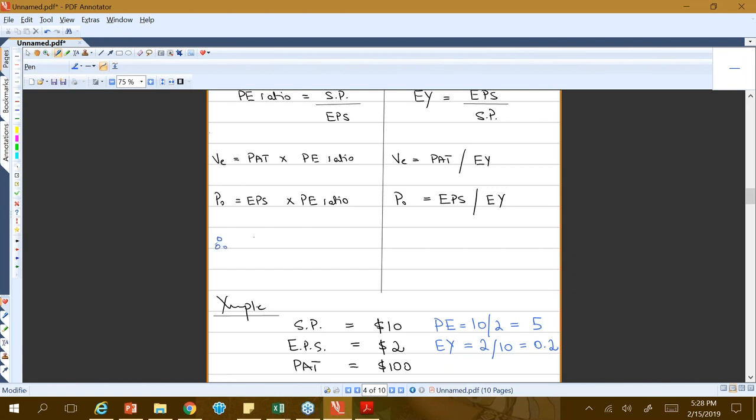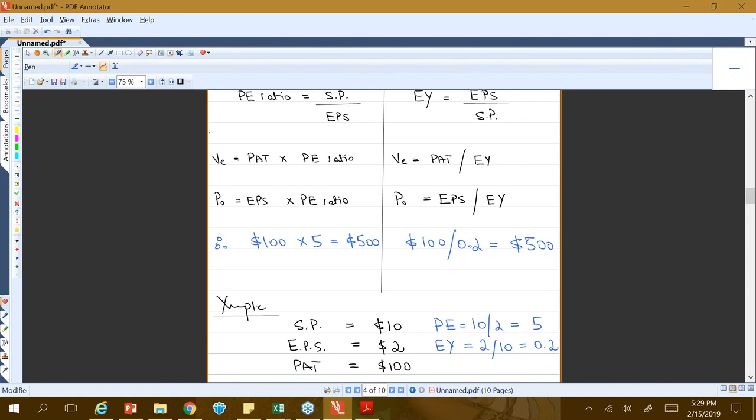So if I take $100 and multiply with the PE ratio of 5, I'll get an answer of $500. And if I take the $100 and divide with the earnings yield of 0.2, I will still get the same answer, which is $500. So there is no difference here really in terms of the overall answer. It's just a different way of presenting the information.